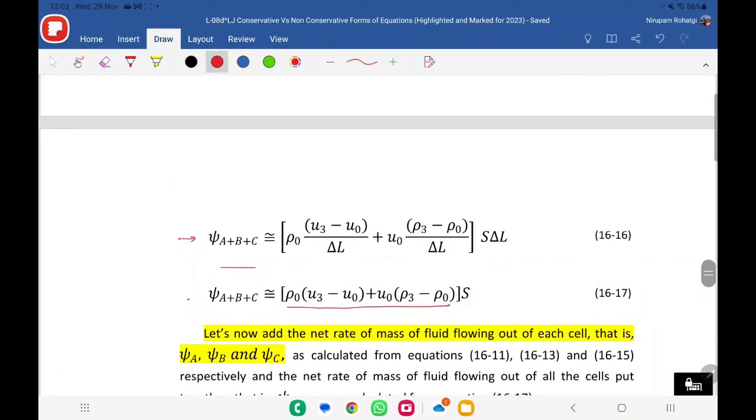And on this side you have how many? 4 terms. Right? They are not cancelling out.